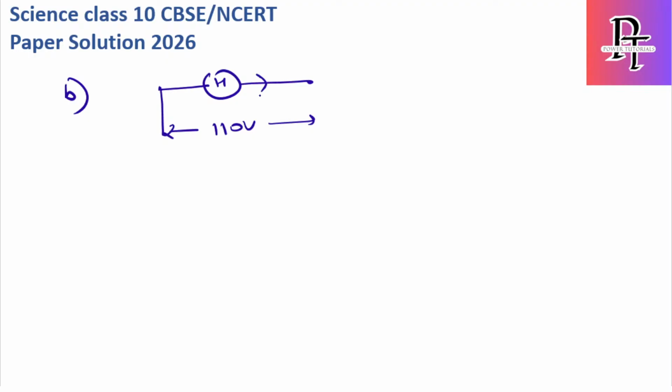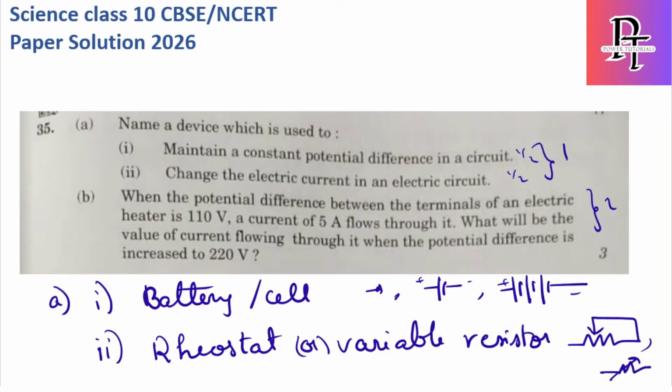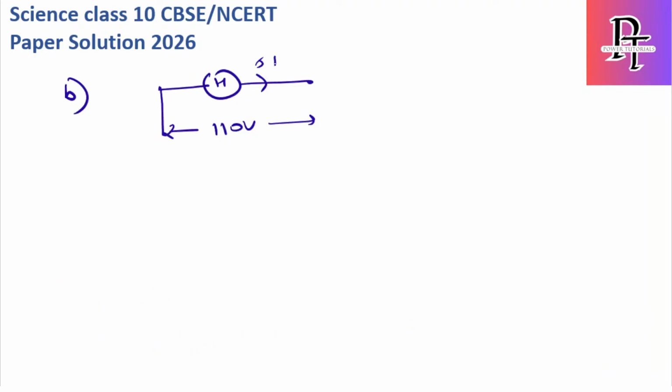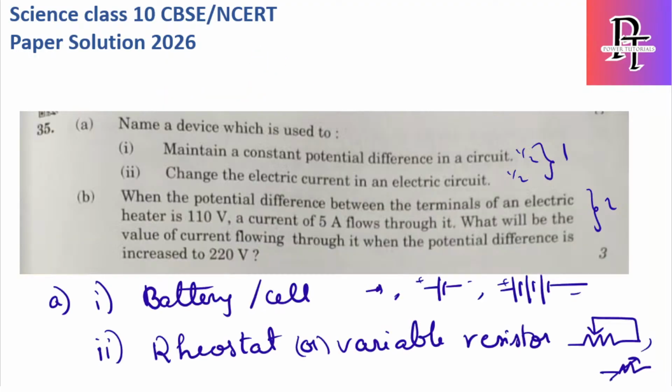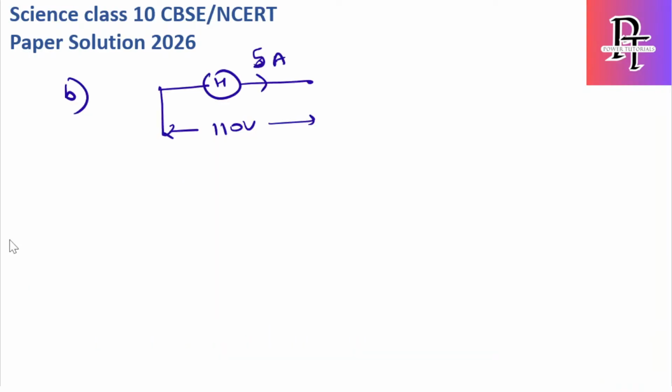Then the current flowing through this circuit is 5 amperes. Case 2: what will be the value of current flowing through it when the potential difference increases to 220 volts? Again I will write the heater. Now the potential difference has been increased to 220 volts. They are asking for the current value.